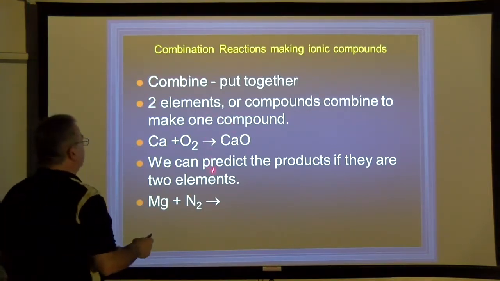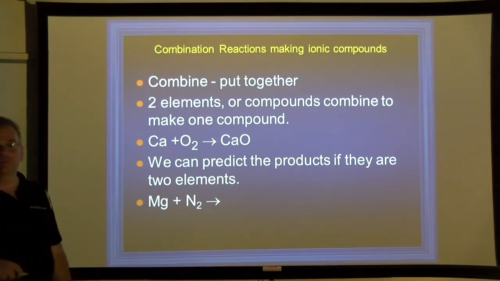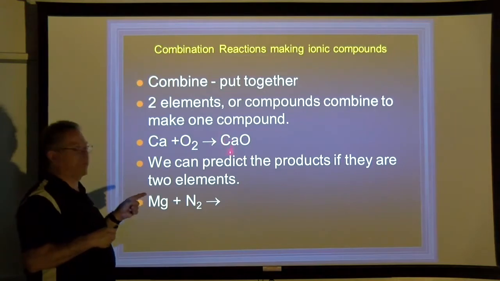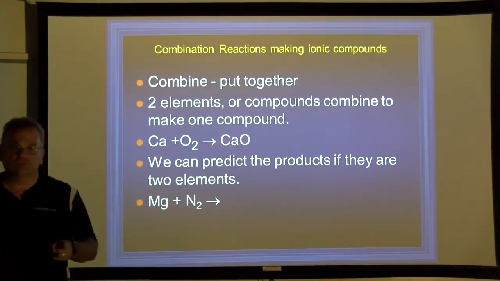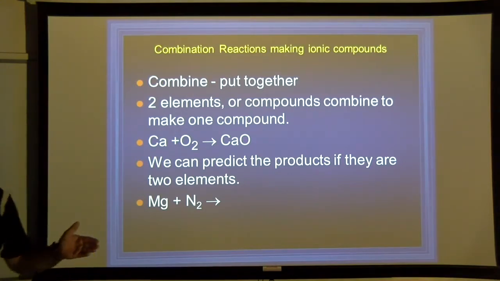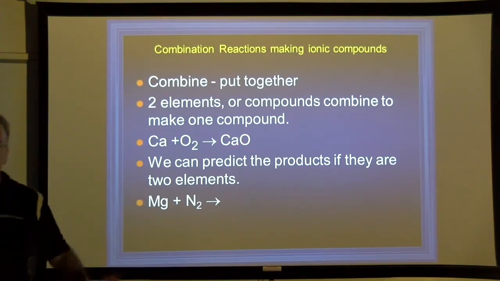So on the left of the arrow, I have 1 calcium atom and 2 oxygen atoms. But on the right, I have 1 calcium atom and there's only 1 oxygen. You can't do that. It's called the law of conservation of mass. The weights over here have to equal the weights over there. But I can't mess with the formula of calcium oxide because that's correct.